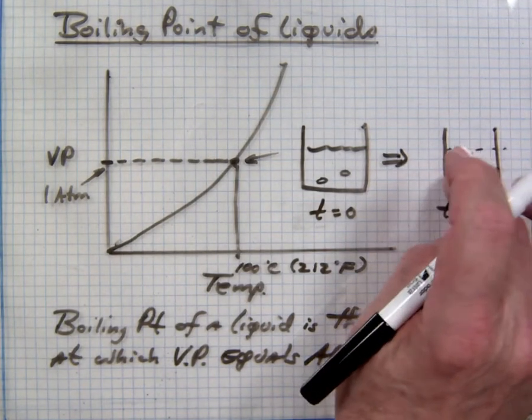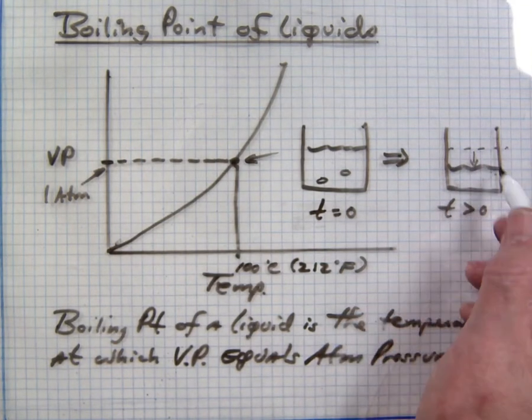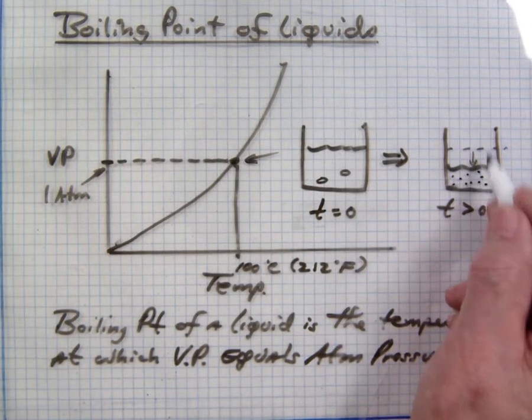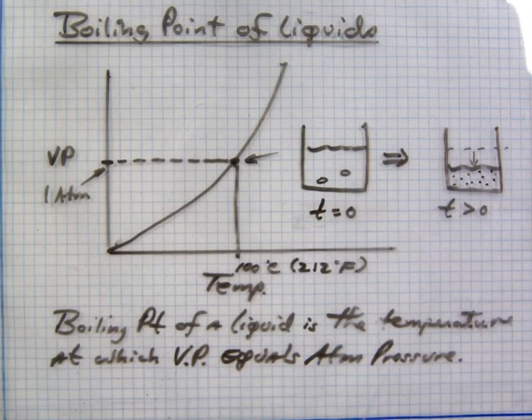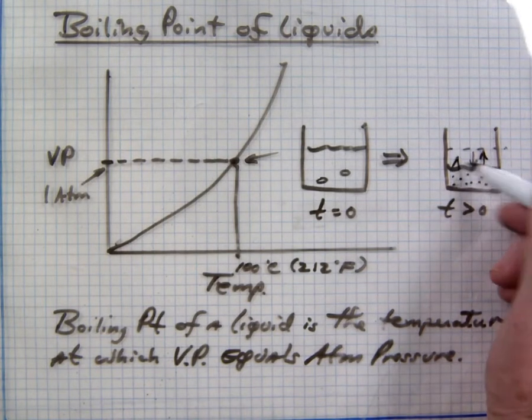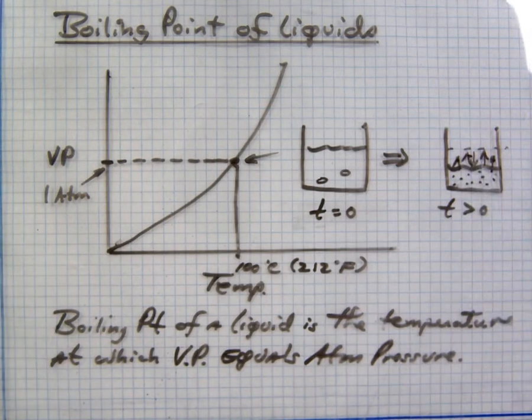But in the true sense of boiling point, every molecule in here does have the energy to escape from the surface of this liquid, but in the pure sense of the concept, only evaporation is coming off of the surface. You don't see that, and it's almost impossible to demonstrate that idea.